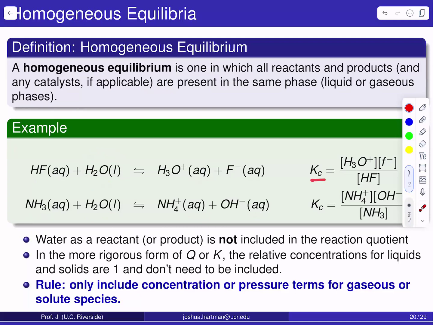It turns out that water is not included in the reaction quotient. All right, so this could be a little surprising. Remember how I told you that when we're developing these Q or Kc expressions, we're talking about relative concentrations, and to basically ignore units. It turns out that because you're using these relative concentrations, the relative concentrations for liquids and solids are 1, and so they don't need to be included in this expression.